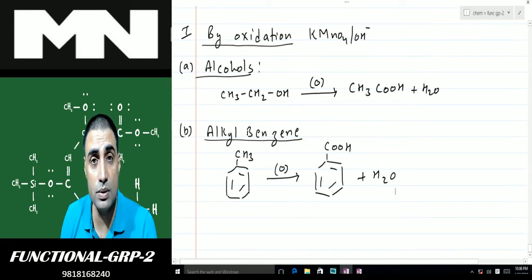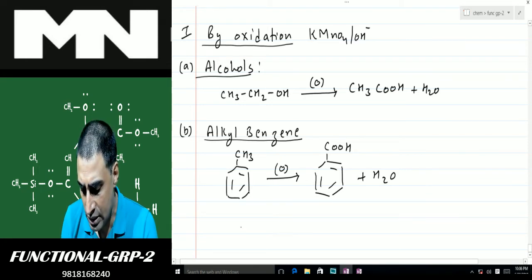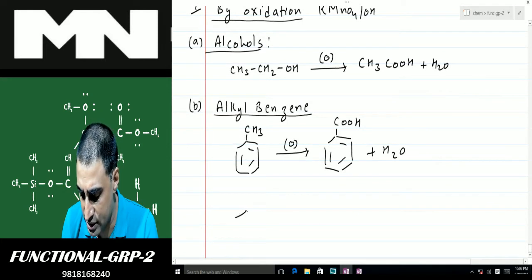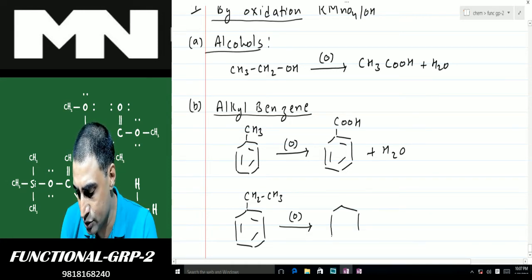No matter how long this alkyl chain is, you'll always get benzoic acid. That means if instead of methyl benzene, you got ethyl benzene and you are carrying out oxidation of this, then also you will end up with benzoic acid.